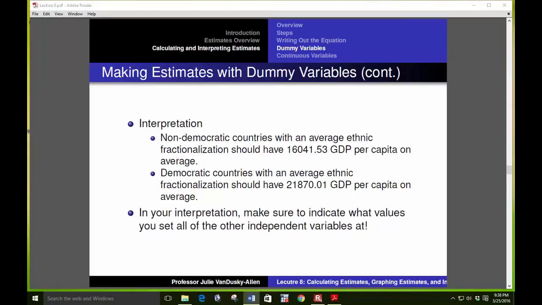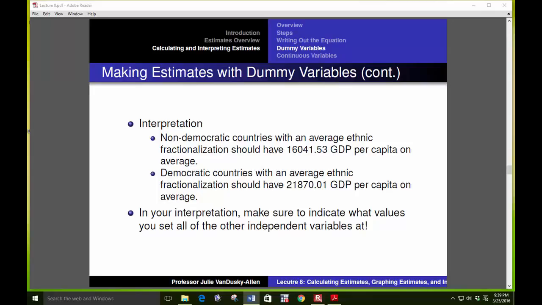The next step is to interpret these values. The first equation tells me the average GDP per capita of non-democratic countries with an average ethnic fractionalization. So I can say non-democratic countries with average ethnic fractionalization should have 16041.53 GDP per capita on average.